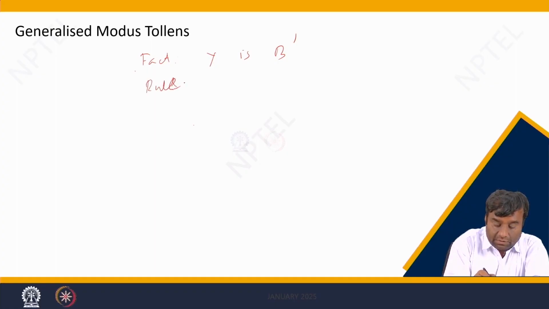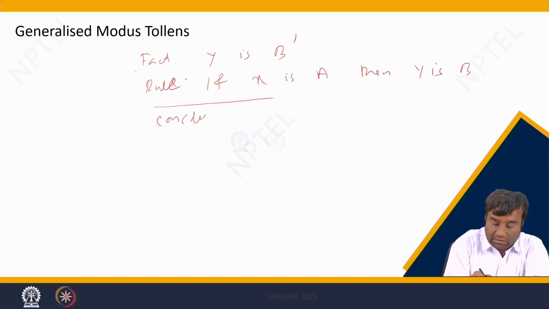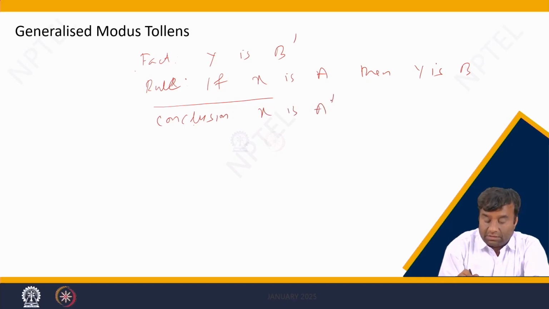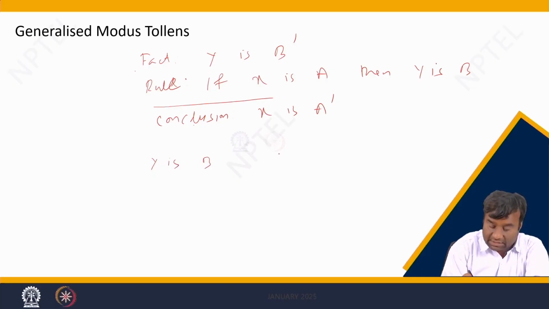The rule is that if x is A, then y is B. So the conclusion is that x is A dash, where A dash is closer to A and, with the same degree, B dash is closer to B. Just like this, you can write: if y is B, then x is A. Here you write the fact, here you write the conclusion.